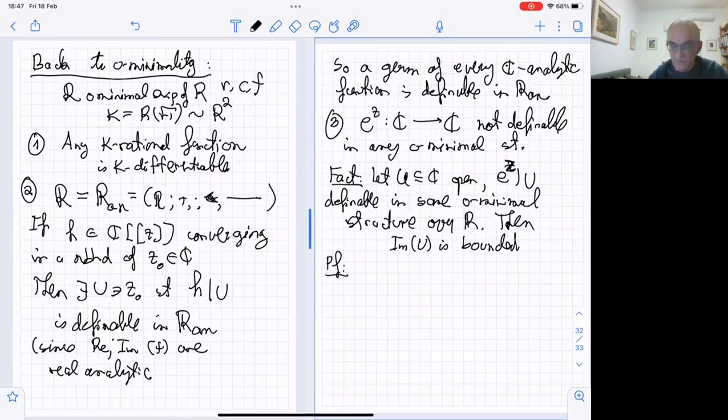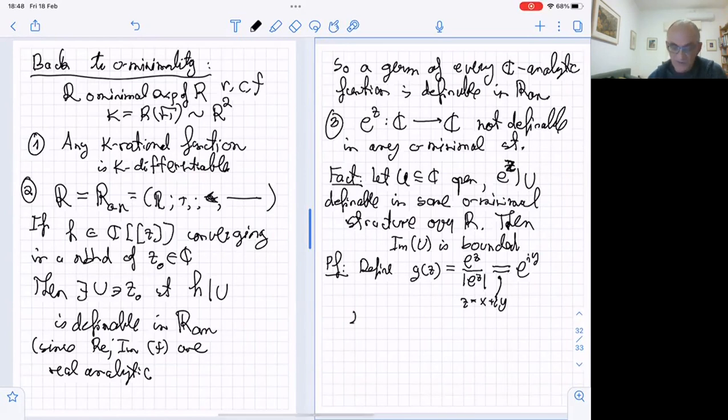And why is that? We define g of z to be e to the z divided by the absolute value of e to the z. Of course, if e to the z is definable, then this is definable. And we know if we let z equal x plus iy, it's just e to the iy, because e to the x is the modulus of e to the z.